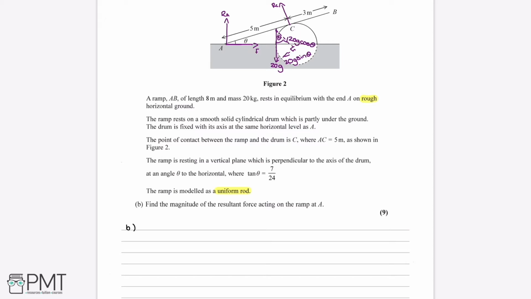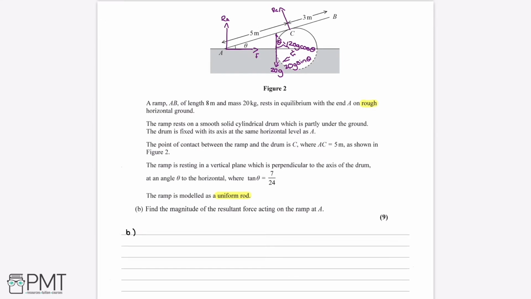And now if we do the exact same thing with RC, but this time we're resolving vertically and horizontally, whereas before we were resolving in terms of the ramp. So if we first resolve vertically, we know that this is acting upwards, and horizontally will be acting towards the way that RC is acting.